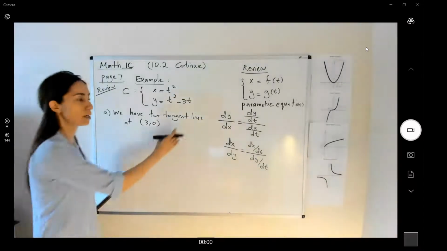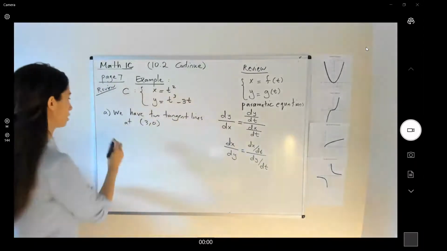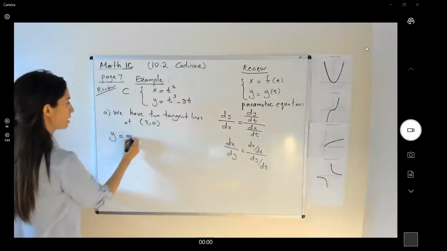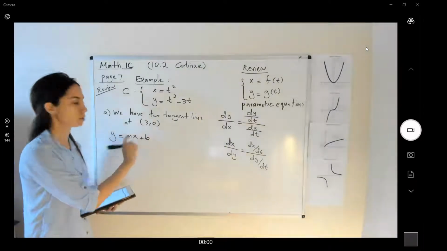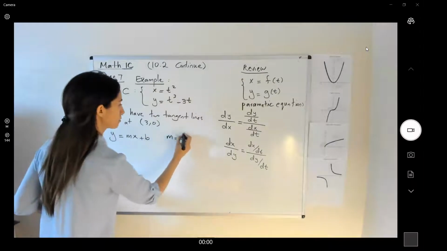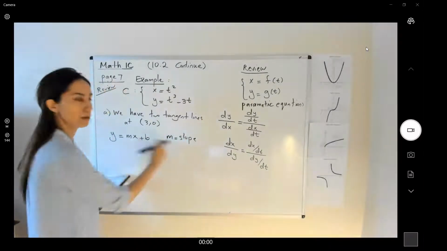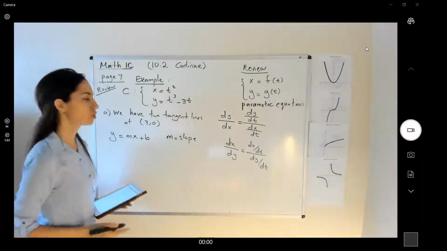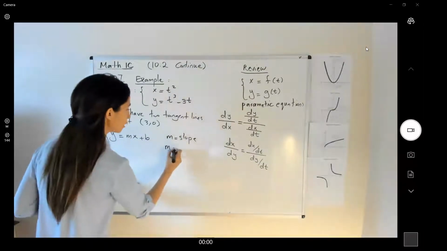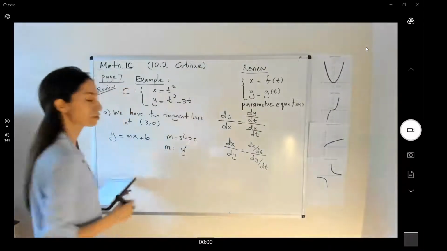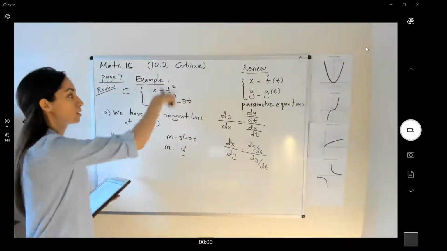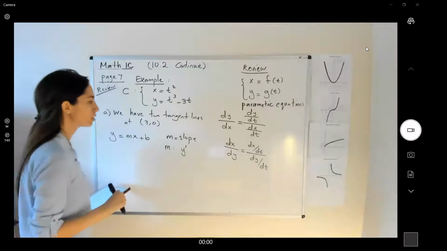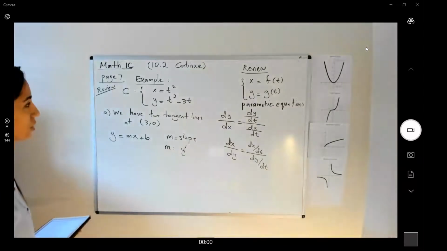Again, remember that to write the equation of a tangent line, we have y equals mx plus b. What is m? m is the slope of the line. To find m, we need to find the rate of change of the function. So first we find the derivative of the function, then plug in values to find t and write down the equations of the tangent lines.